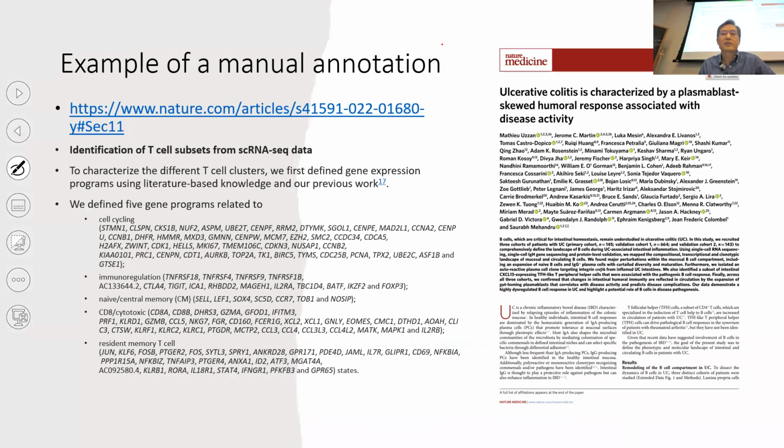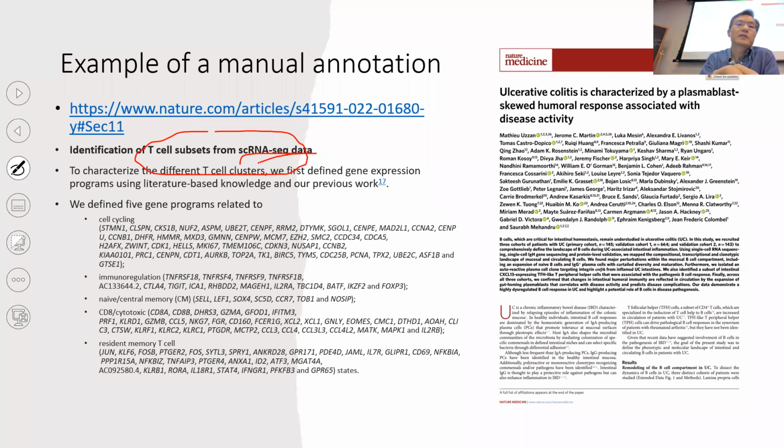So at the end, I'm going to use this paper and we will look at its material and method section. For this particular section, it's called identification of cell type subtypes from single cell RNA-seq data. See how in real applications, people deal with the situation.